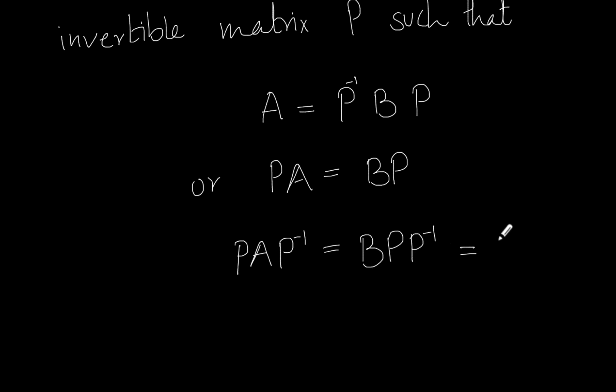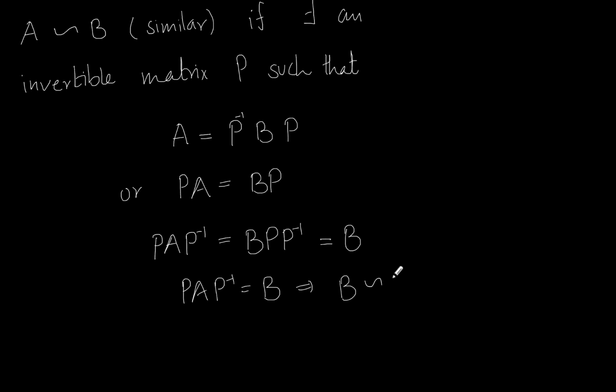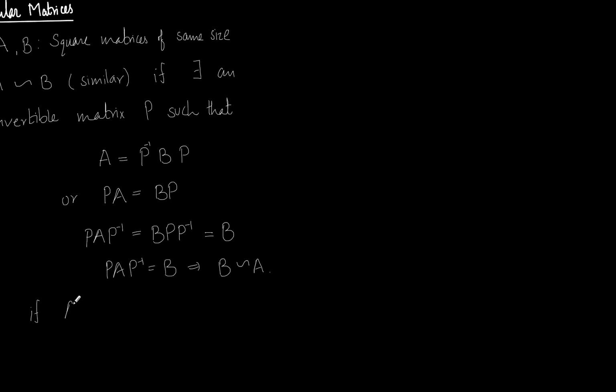P P inverse is identity, so B into I is B. So from here we can say that the matrix B is similar to A. That means matrix A is similar to B if and only if B is similar to A. Here the matrix P is called the similarity matrix.